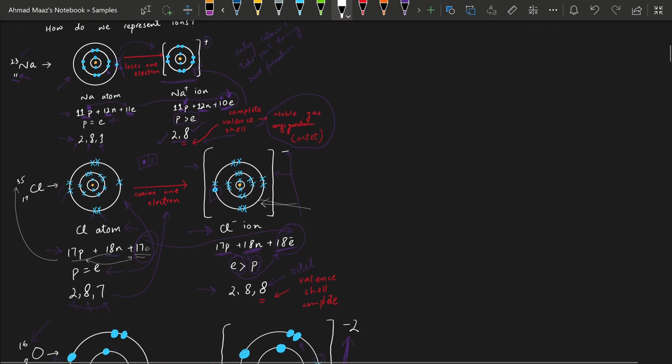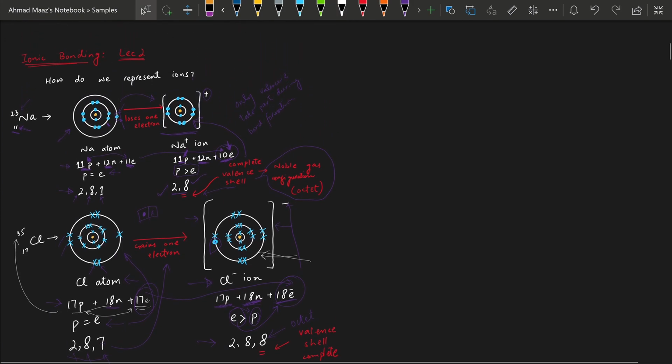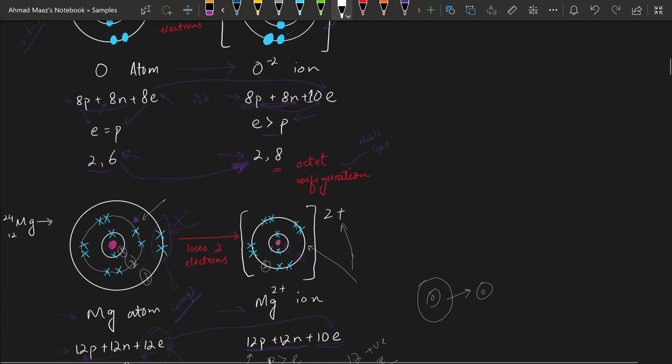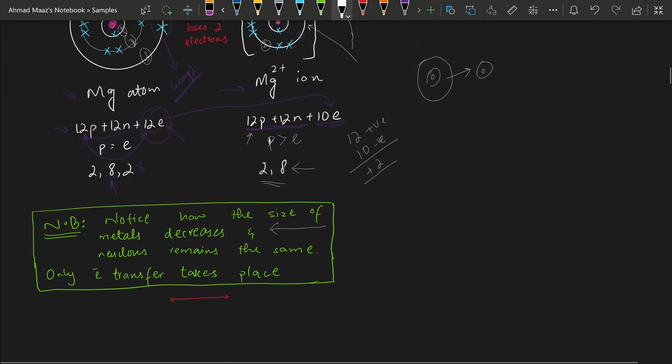Number of shells was not changed. Number of shells in sodium changed because sodium is a metal. There were 3 shells, and after ion formation the number of shells became 2. Which means that the size of the atom has decreased in the case of metals.